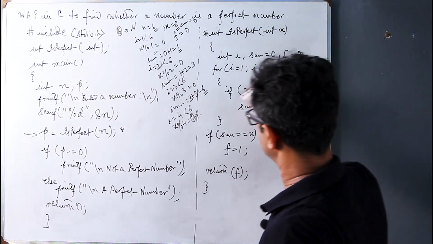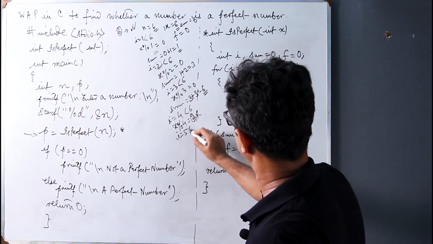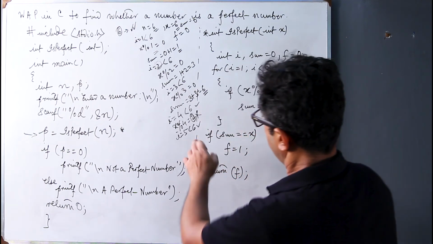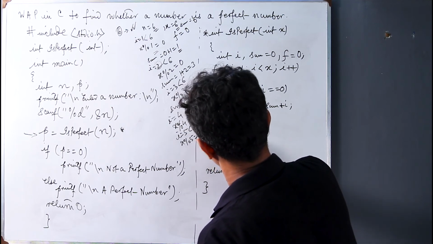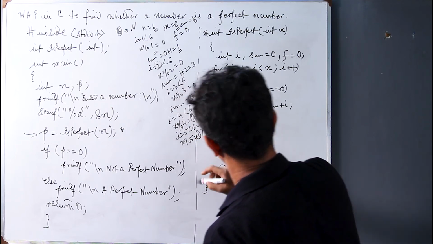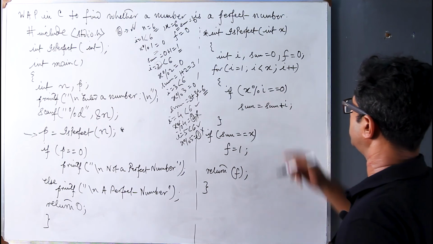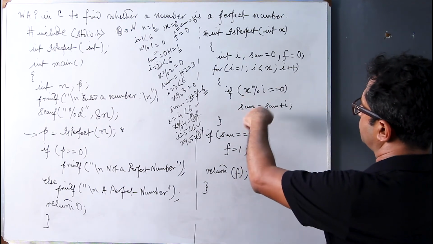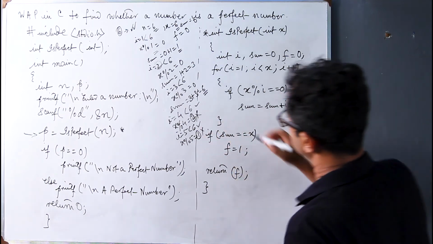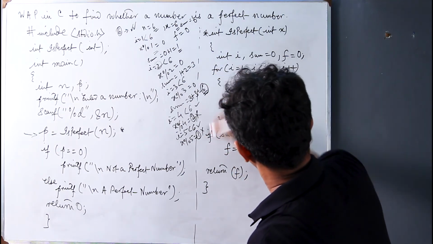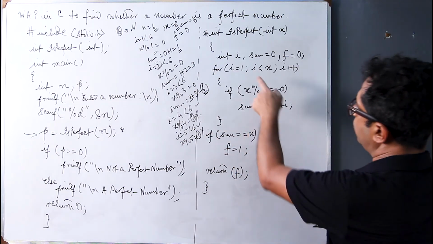Then I plus plus once again, I is equal to 5, less than 6, perfect. X divided by 5 will yield a remainder of 1, which is not 0. So this is also violating this condition. So this if will not be executed, and sum will not be updated. So sum is now only remaining to be 6.